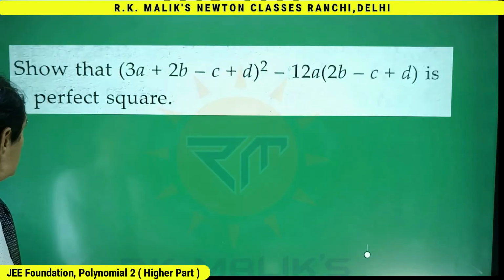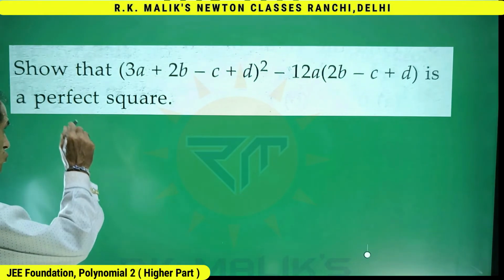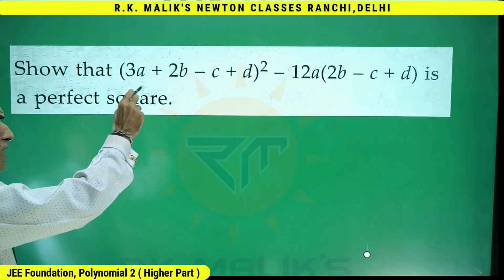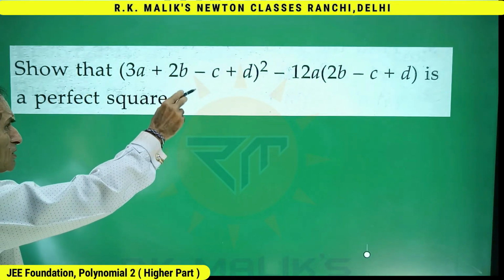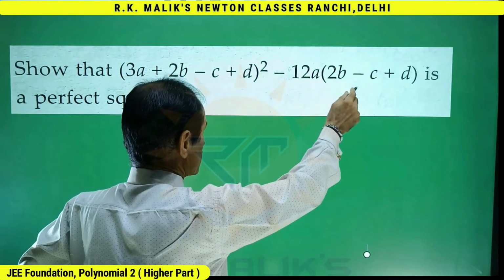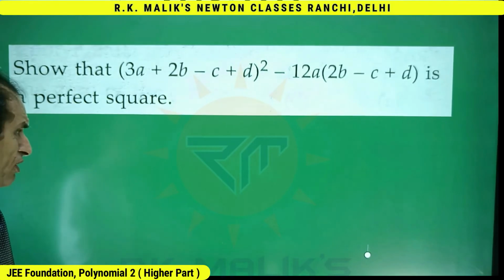This is a subjective question. In this question it is told to us that prove that 3a plus 2b minus c plus d whole square minus 12a into 2b minus c plus d is a perfect square.